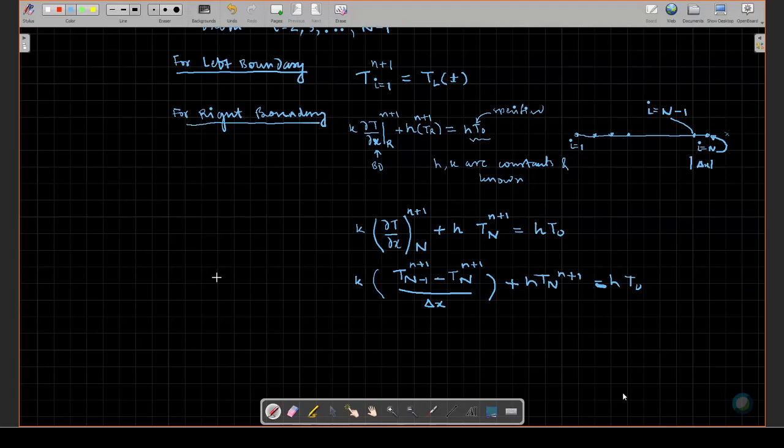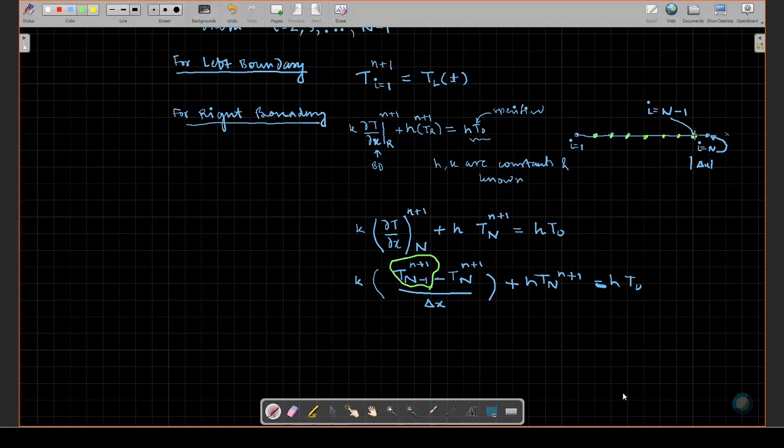Now here you see this T and this term, this term you will obtain. This is an interior point. So these are all interior points, right? So this is also an interior point.